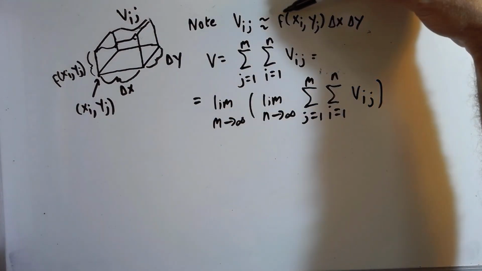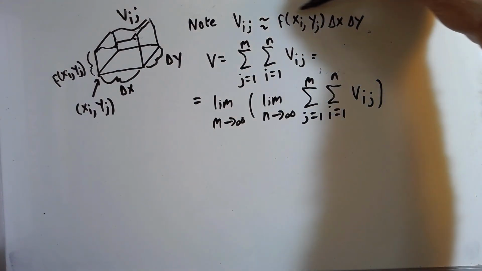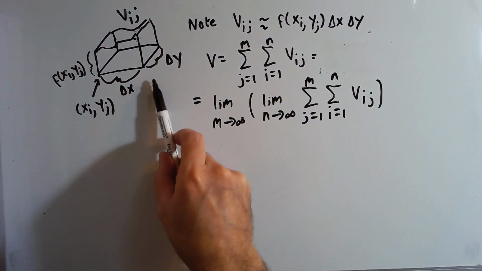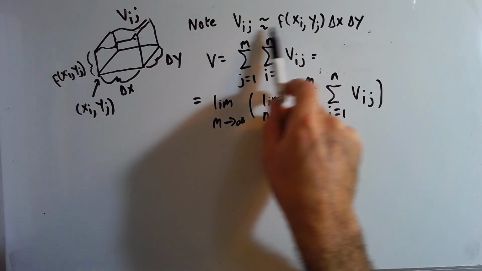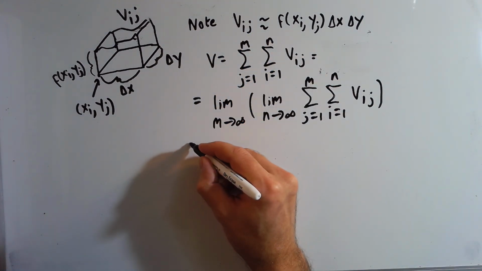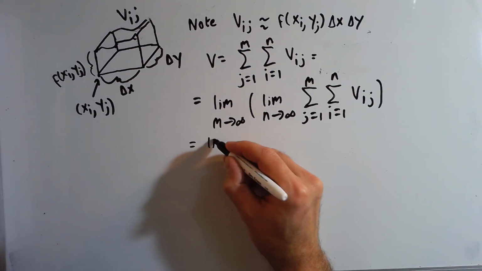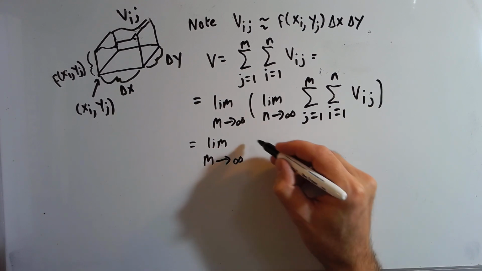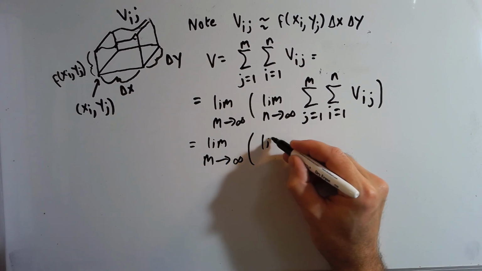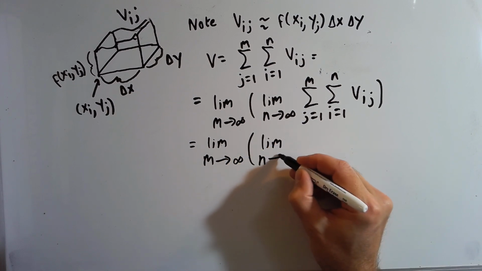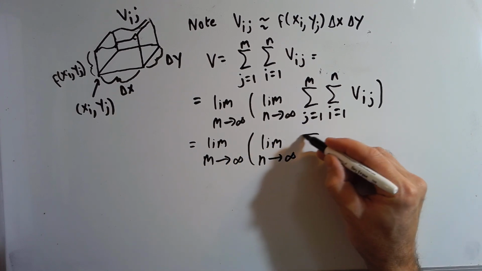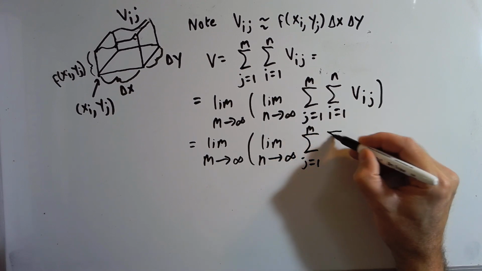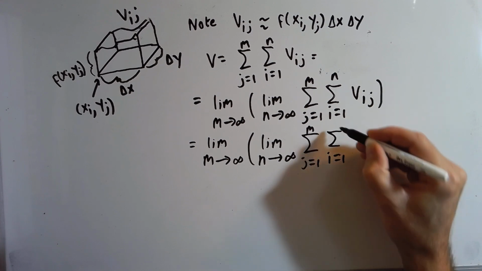Now in the limit, the Vij will start to equal, because as we said, when delta x and delta y get smaller and smaller, this approximation will be better and better. So we can say this will equal then limit m goes to infinity, limit n goes to infinity, j goes from 1 to m, i goes from 1 to n.